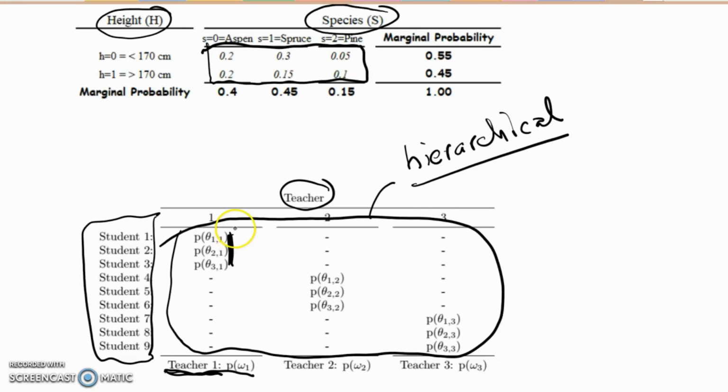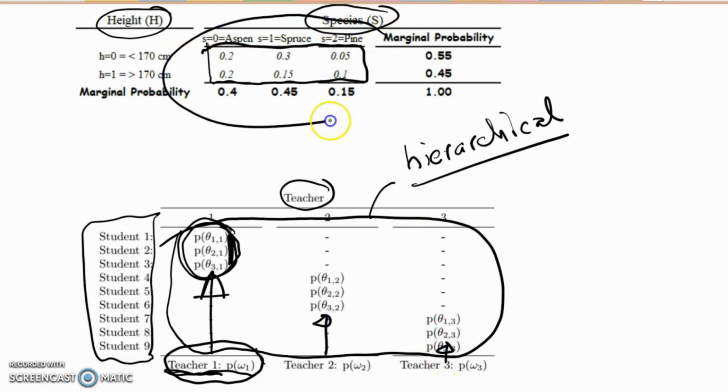And so by thinking about these conditional probabilities, the conditional probability of the student's test-taking skill conditional upon the teacher's effectiveness as a coach, we can think of our model far more simply by doing it teacher by teacher instead of having to consider every possible combination of species and height.